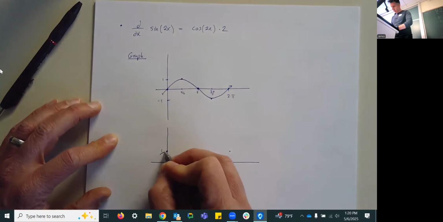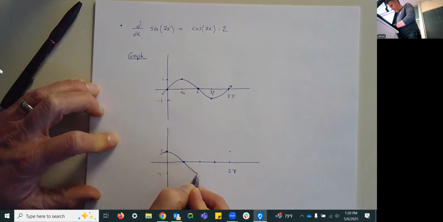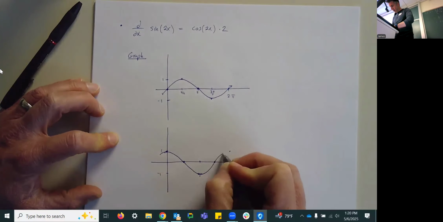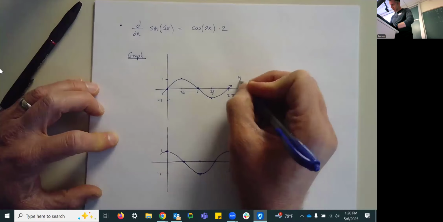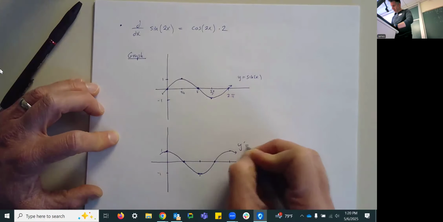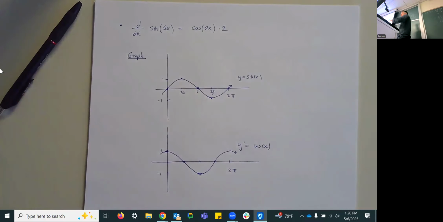And so we can see, and I know we saw this before, but we're seeing it again, that for sine of x in blue, the derivative is cosine of x. Okay, so now we're going to graph sine of 2x.